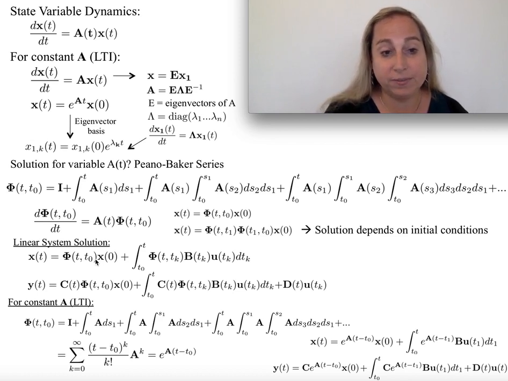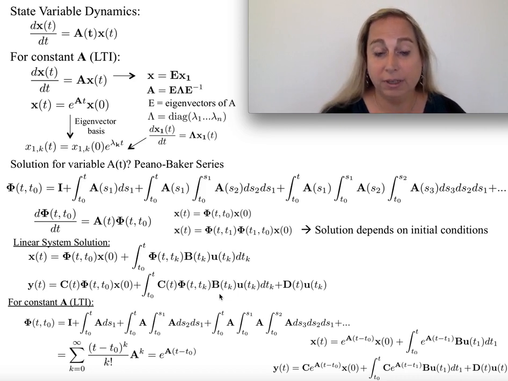I can use this phi to effectively give me a general solution form. And at least I have a general solution form that always will work. And so I can build from that.